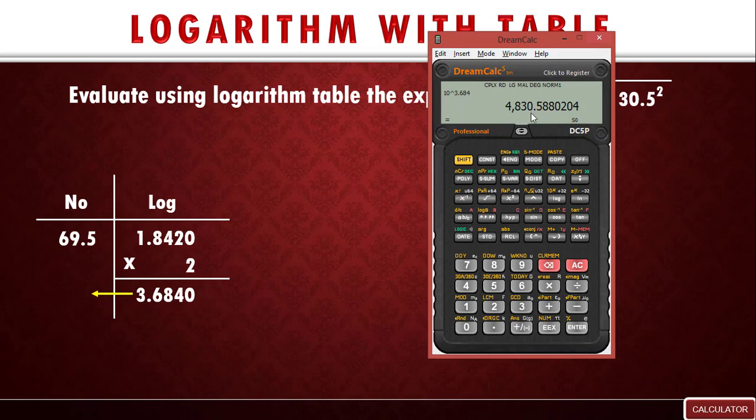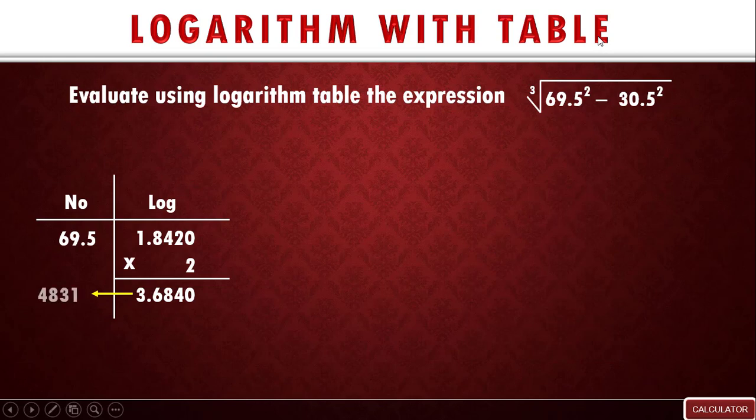So if you approximate to this place, this will become 1, and we have 4831. Okay, so we now have this for that particular side, which is 69.5 raised to power 2.